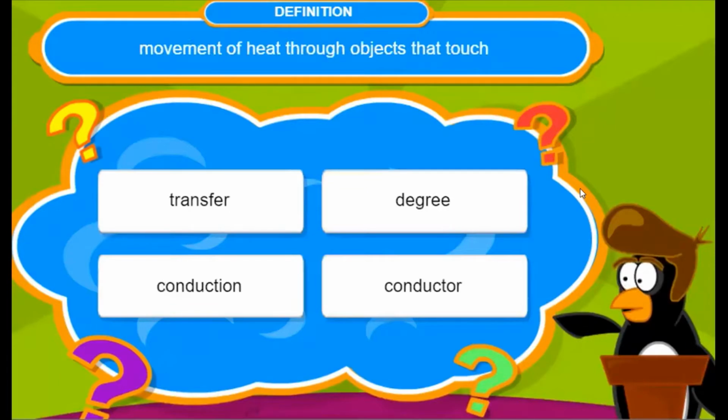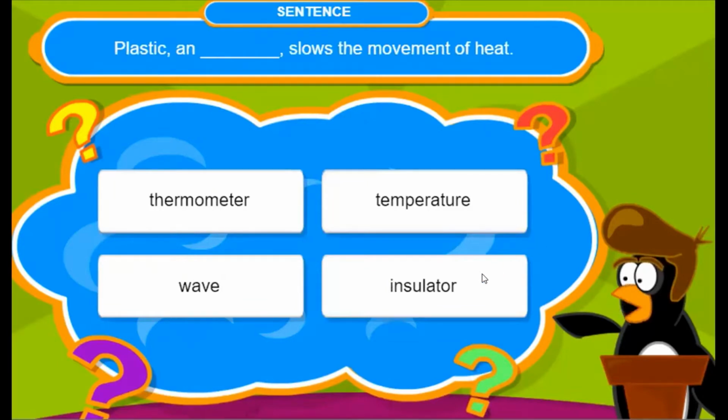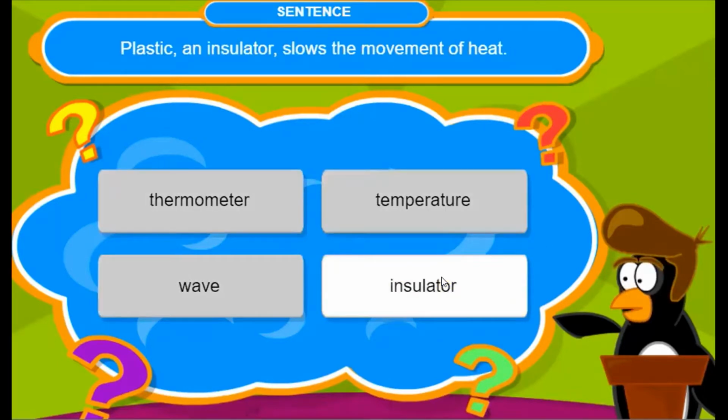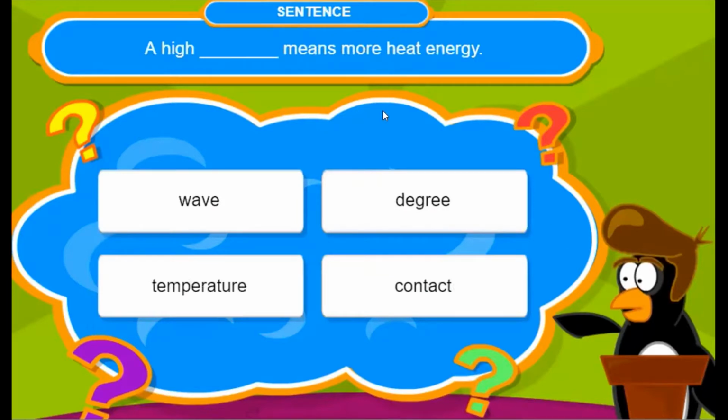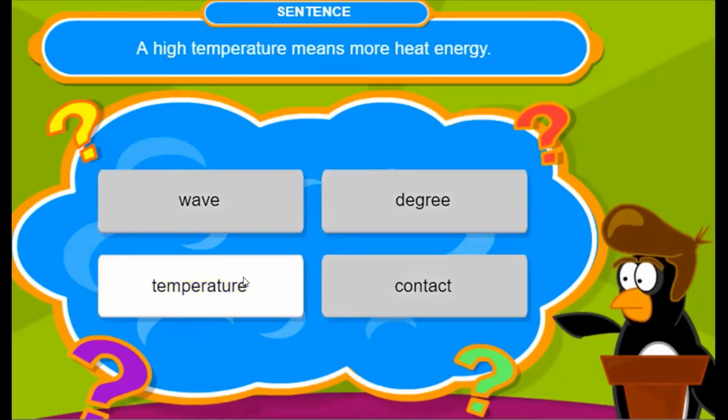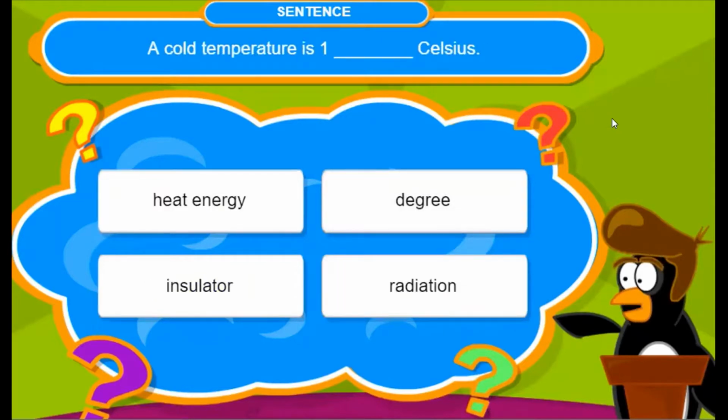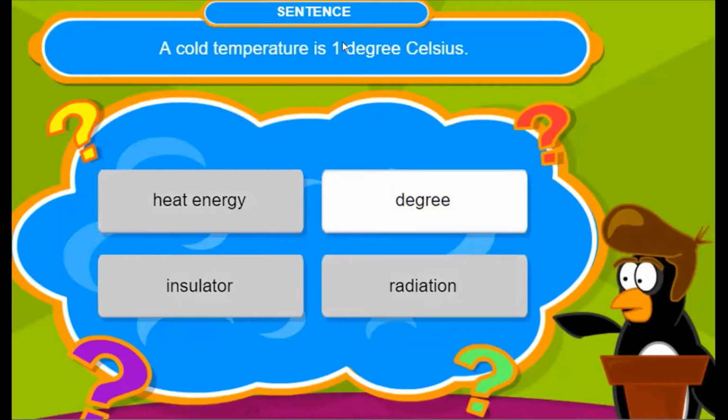Read the definition Movement of and heat through choose objects the word that that touch. matches. Conduction. Bingo. Yes. Read the sentence Plastic and is an choose the word insulator. that fits. So is the movement of heat. Read the Materials definition that and allow heat to choose move the through word it that is matches. conductor. Read the A sentence and high choose the word that temperature fits. means more heat. Read the sentence and A choose core the word temperature that is fits. 1 degree Celsius. Correct. Degree is the unit of.